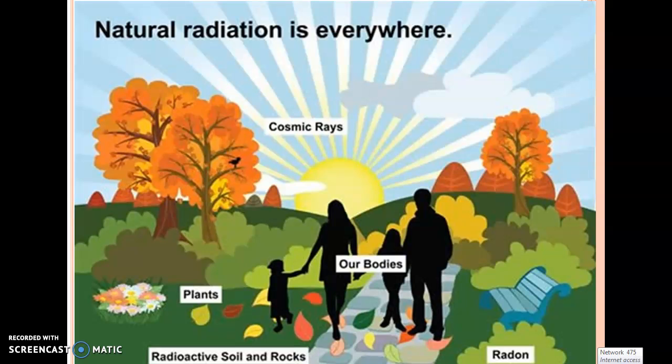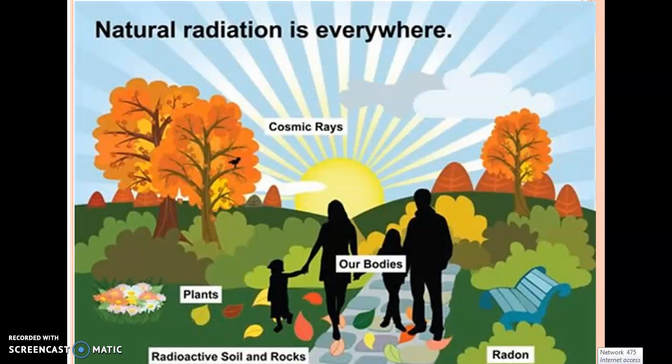Our body itself is also a source of radioactivity, as it contains radioactive potassium in our bones, which continuously emits gamma rays. That's why we can say radiation is present everywhere.